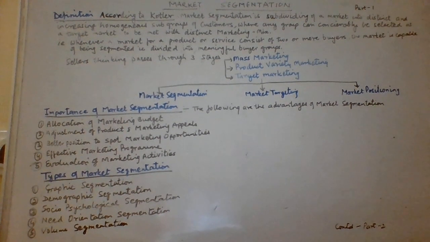I will be discussing the allocation of the marketing budget a little later. Market positioning is the third step, which is setting the competitive positioning for the product. Competitive positioning is where the product can make a leap into the group, or we can fix a position for the product in the market in such a manner that it moves on.